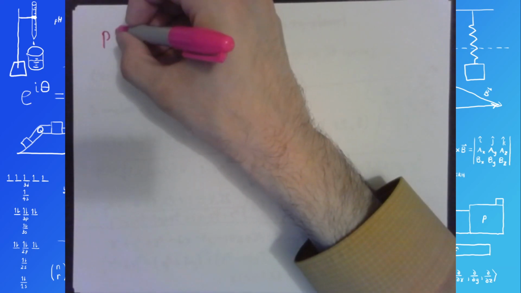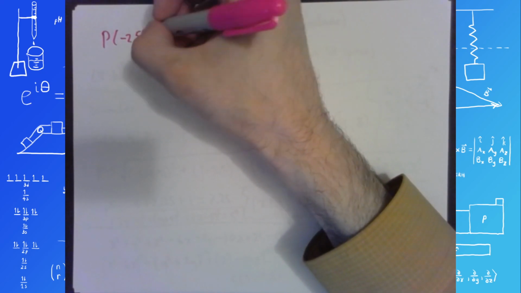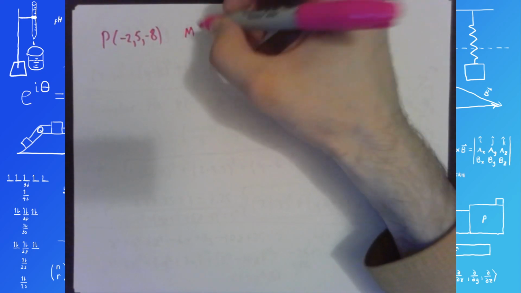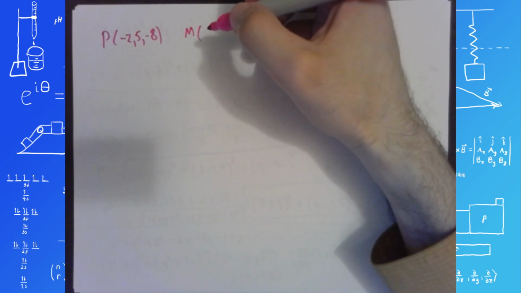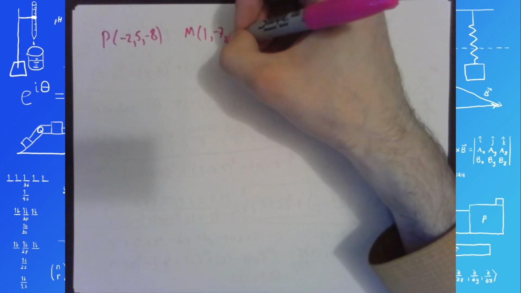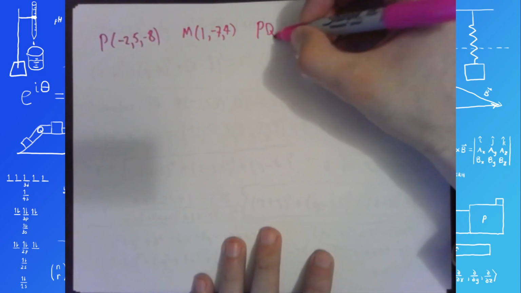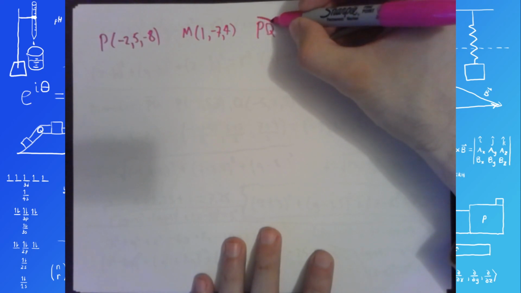We'll do the third one, which says we've got a point P, (-2, 5, -8), and we have a point M, which is (1, -7, 4). And we want to find, again, the vector pointing from P to Q, the displacement between P and Q.